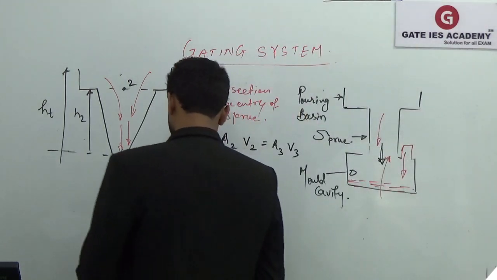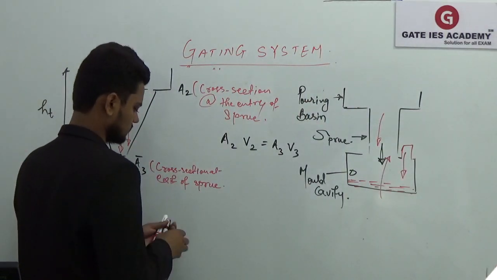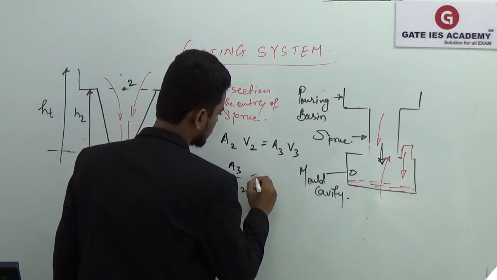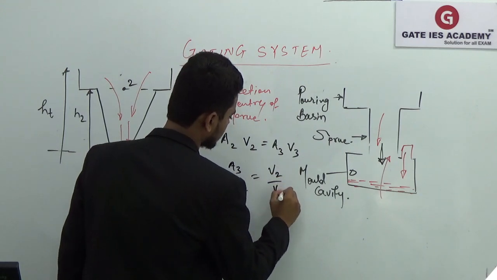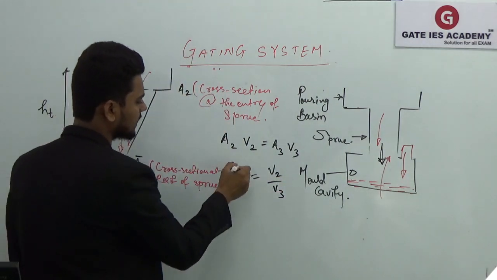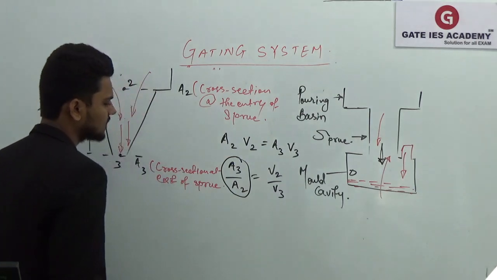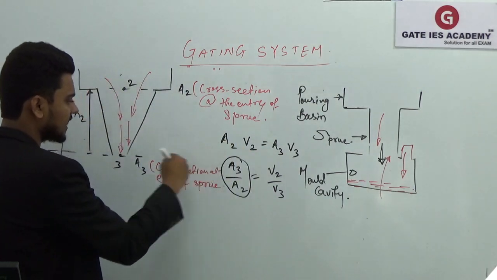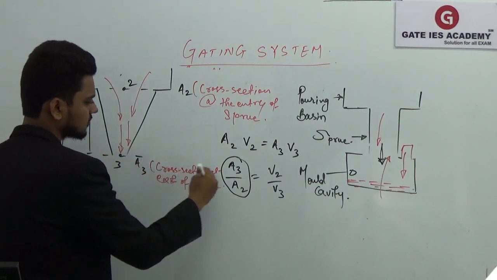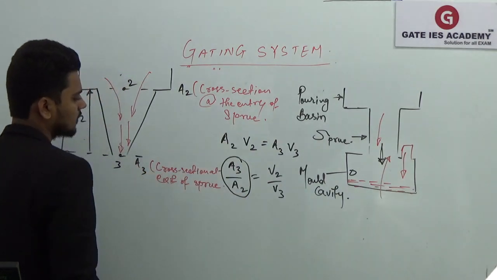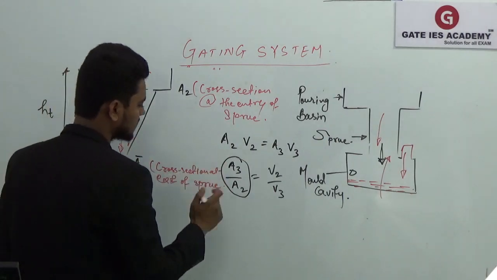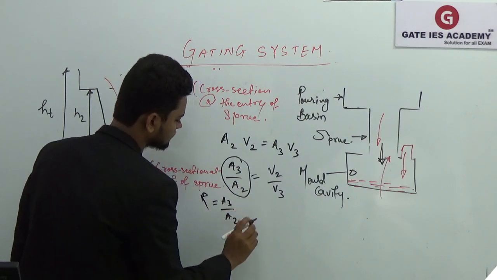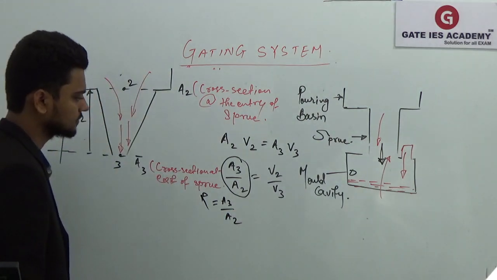Now A3 upon A2 equals V2 upon V3, and we take the ratio of the area at the sprue base upon the area at the entry of the sprue as R. So we assume that R equals A3 by A2.